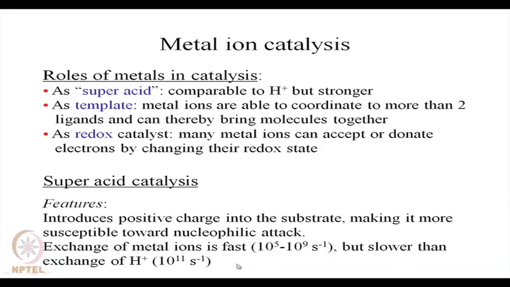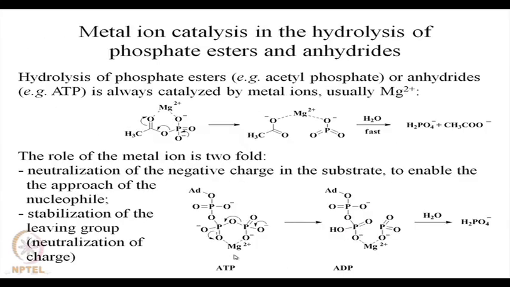But when the metal ion is coordinating with maybe this group or this group, maybe the conformation becomes like this, a parallel conformation. So, maybe in this particular conformation the reaction is more effective, that is, the rate is faster.